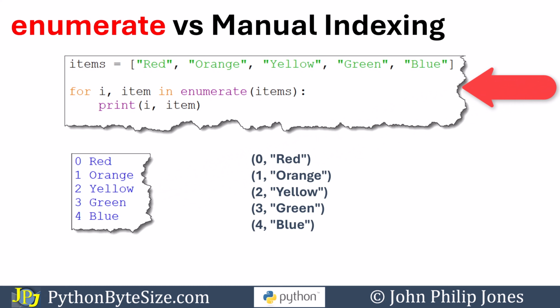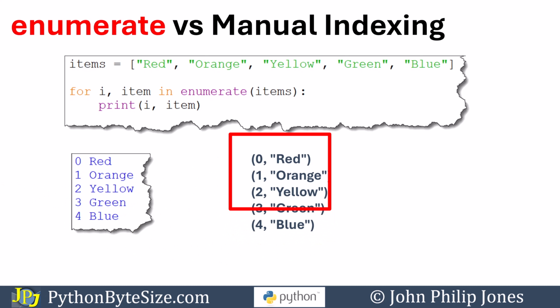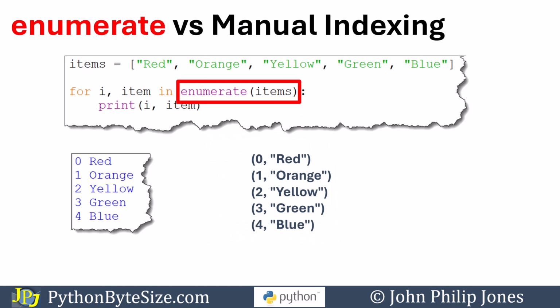But with this computer program, we weren't concerned about finding out how long the list was. We weren't concerned about generating the range, which allowed us to pick off each item in the loop. What happens here is we produce tuples using enumerate, and these tuples are produced from the list.